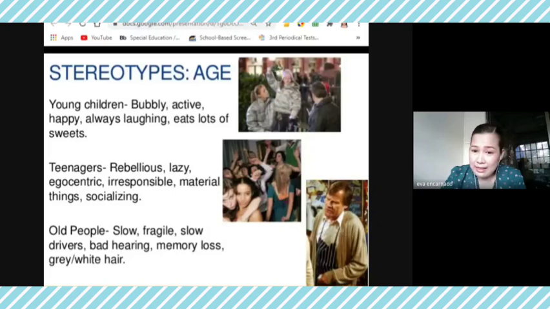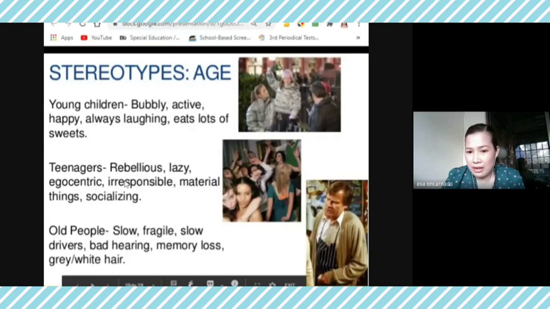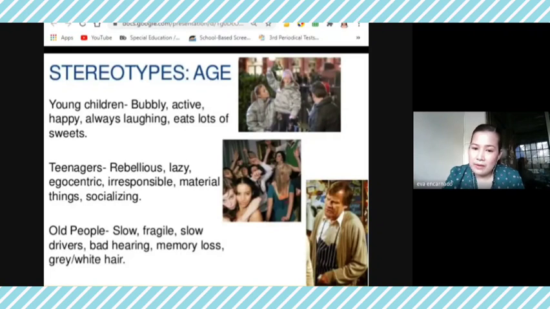Hindi naman lahat. Opo. May lazy din, meron naman teenager na lazy talaga, na kahit bigay mo na yung sagot, di pa rin ginagawa yung activity. Meron namang hindi lazy na very responsible, di ba? So you cannot generalize everything, okay? You cannot stereotype everything. And there are effects also, the bad effects.